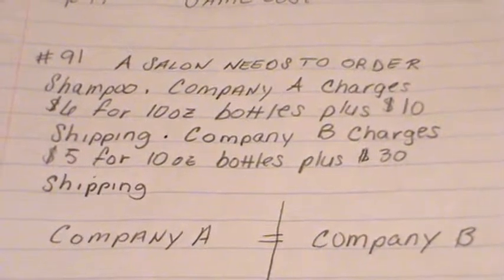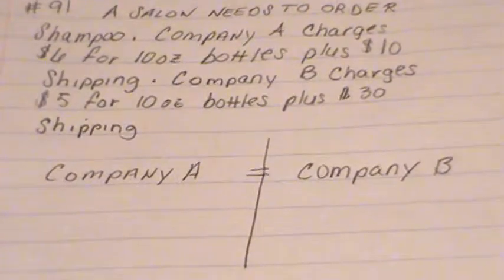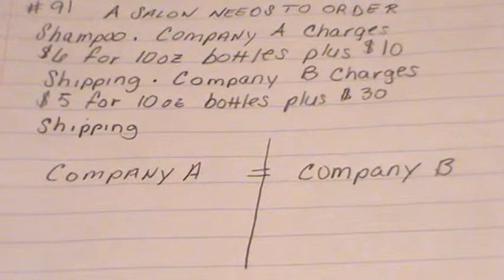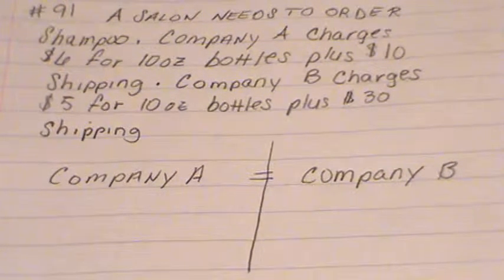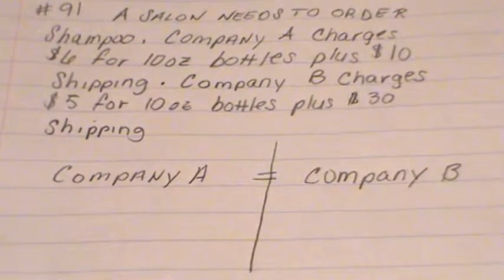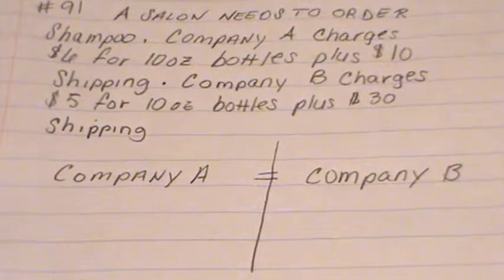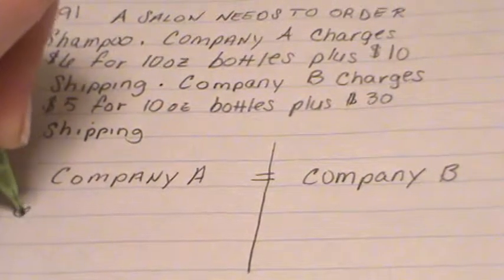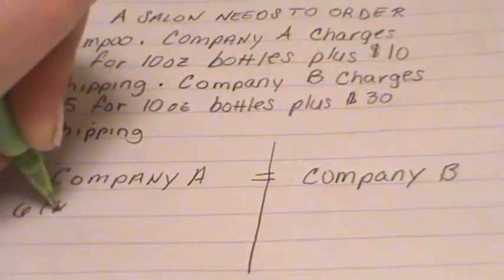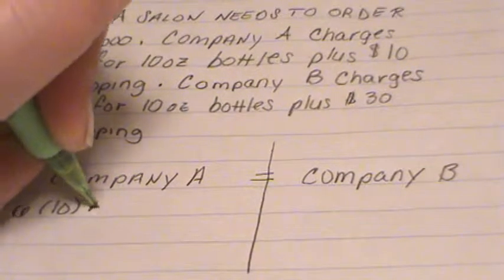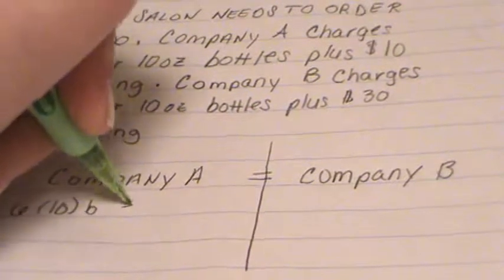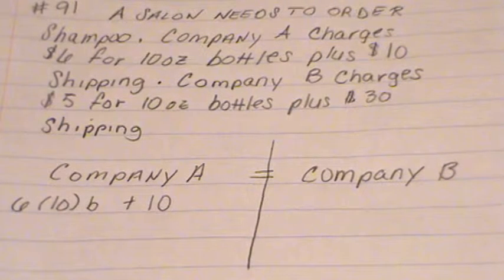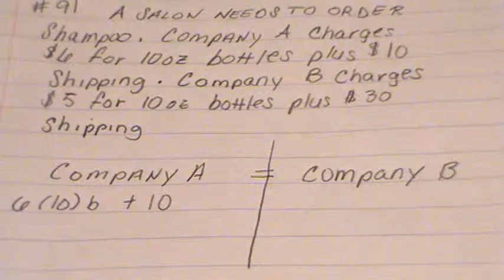So now that I have that, knowing the problem, and you guys have the problem in your book, I need to write down all the information that I know about Company A. I know that they charge $6 for a 10-ounce bottle, plus $10 for shipping. So that's how I set up Company A, because that's the information they gave us.